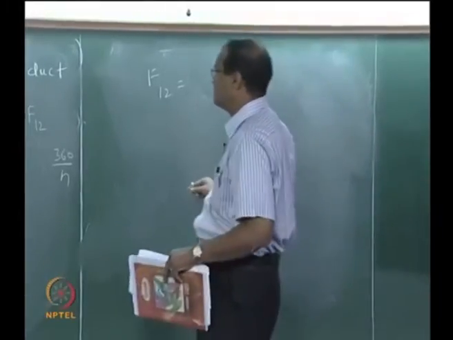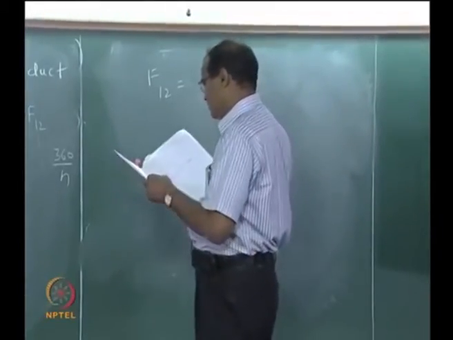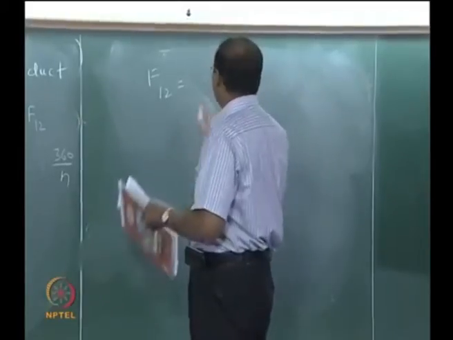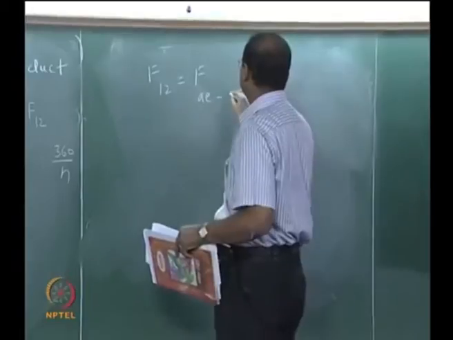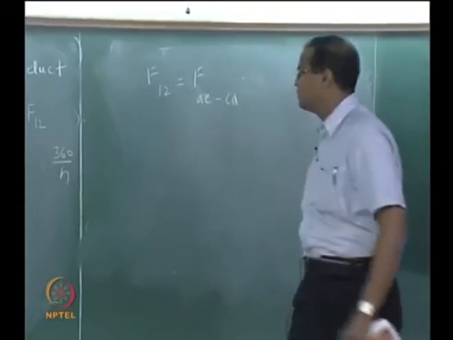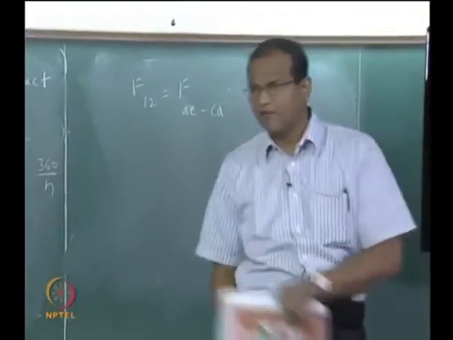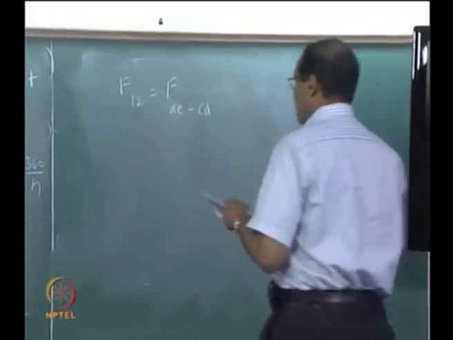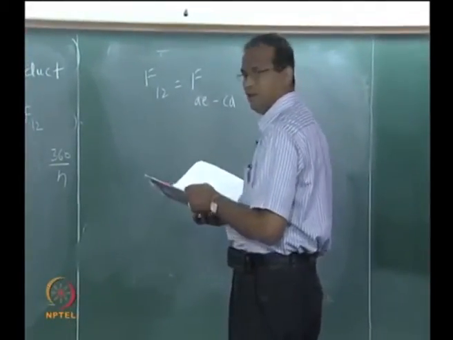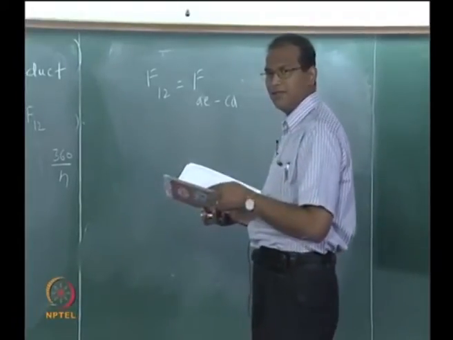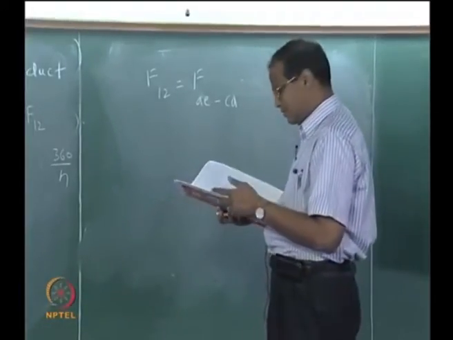F12 is equal to F, why did I do this? FAE to CD. Correct? FAE to CD. I am confusing my terminology, does not matter.